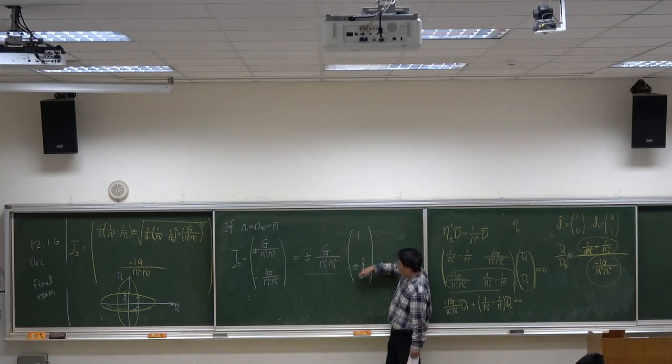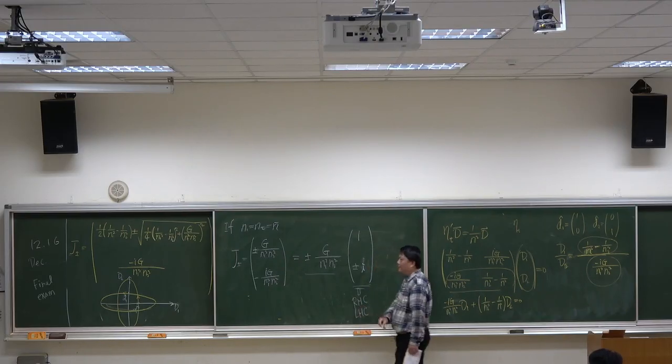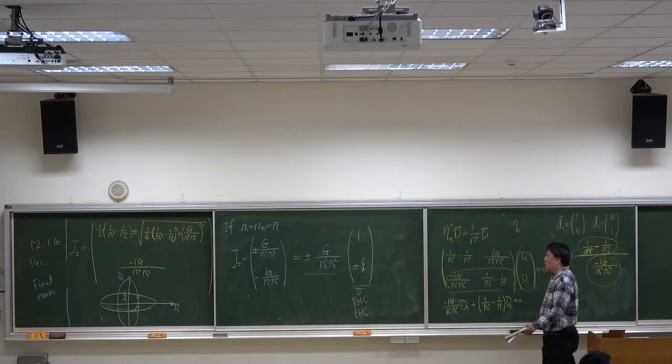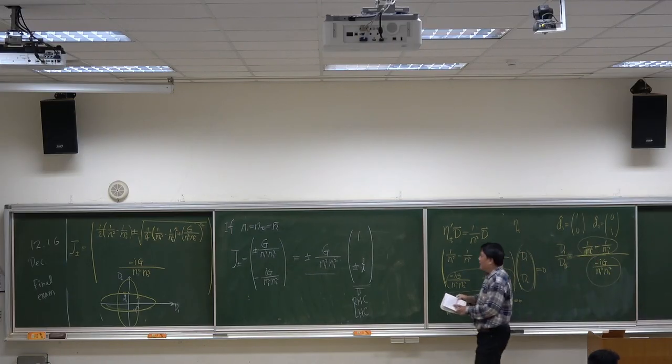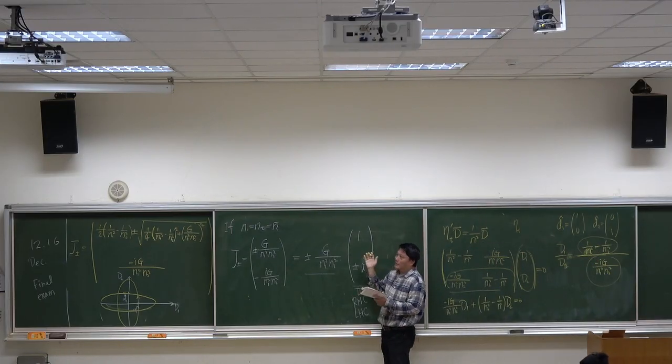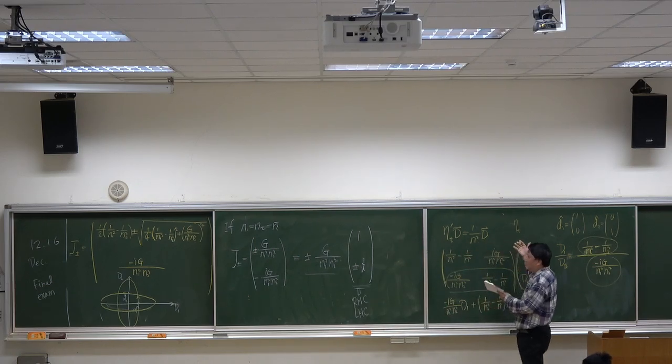So from here these are two circular polarizations: right hand circularly polarized light and left hand circularly polarized light. So if n1 and n2 are exactly the same, you get two circular polarizations, just like we discussed before.